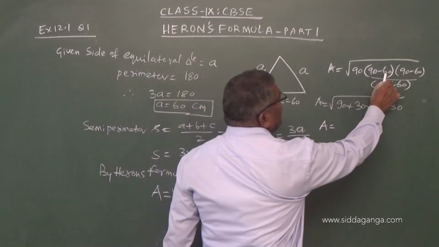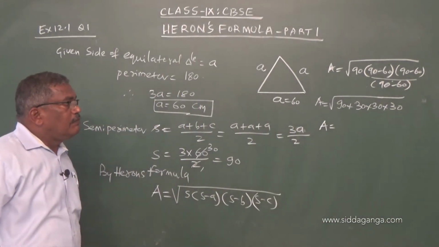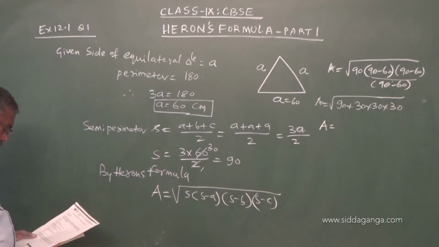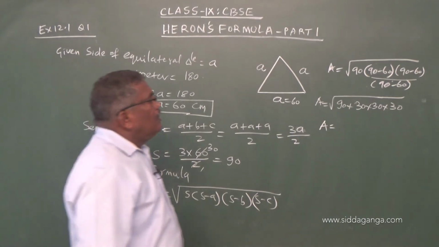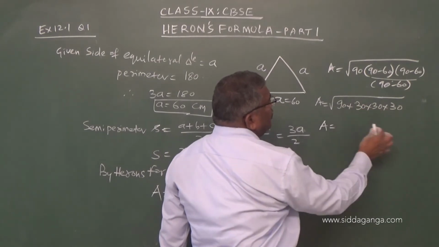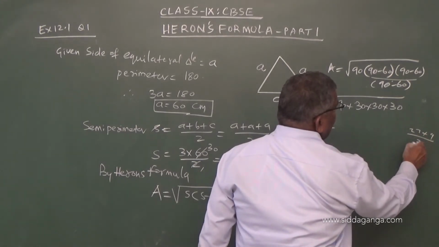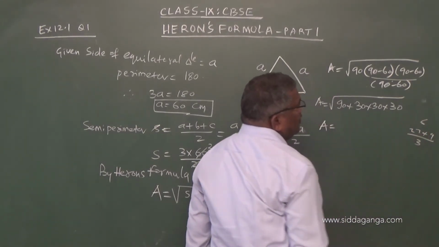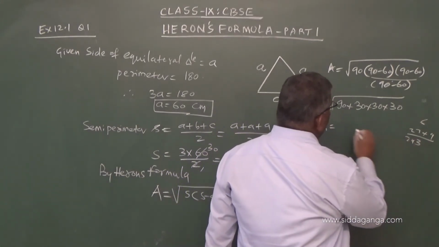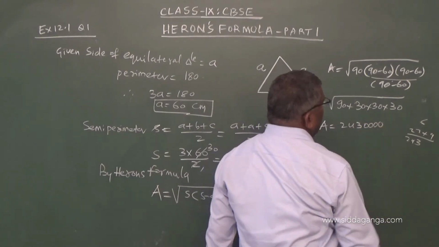S into S minus A into S minus B into S minus C. So 27 you can calculate here. 27 into 9, 27 into 9, 24 3, 4 zeros.